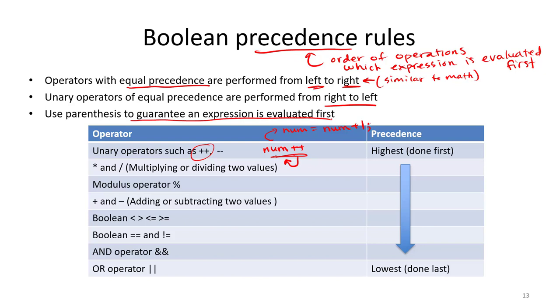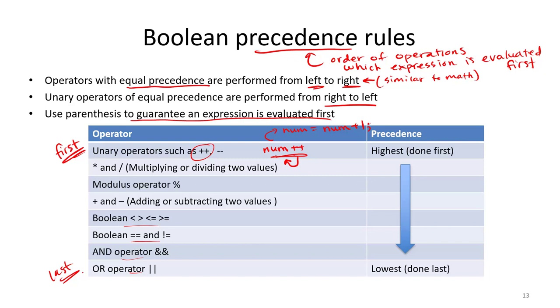This table summarizes the precedence of different Boolean operators. So notice the unary operators are done first. Then we have multiply, divide, modulus, add, subtract, then comparison, and an OR. I don't expect you to memorize this table, but I do expect that you know how to write correct Boolean expressions.